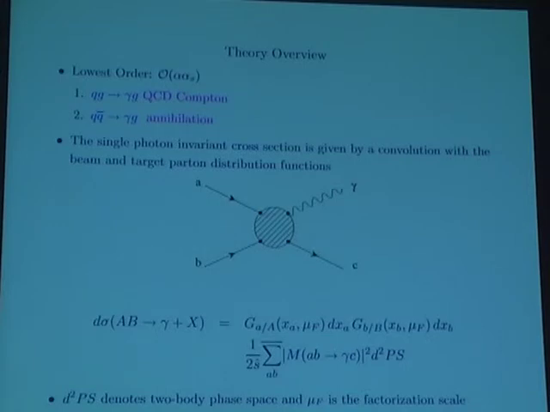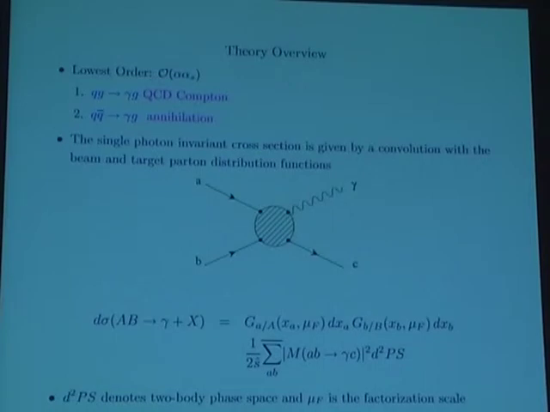Okay, so lowest order, simple picture. Here we have direct photon production. There are two-to-two processes. The Compton process, quark gluon to photon quark, and q qbar goes into photon gluon.